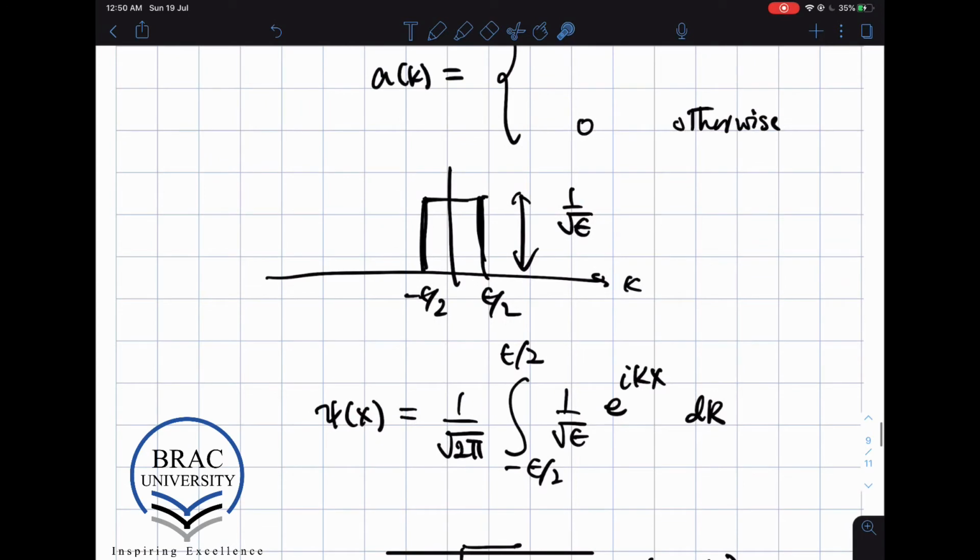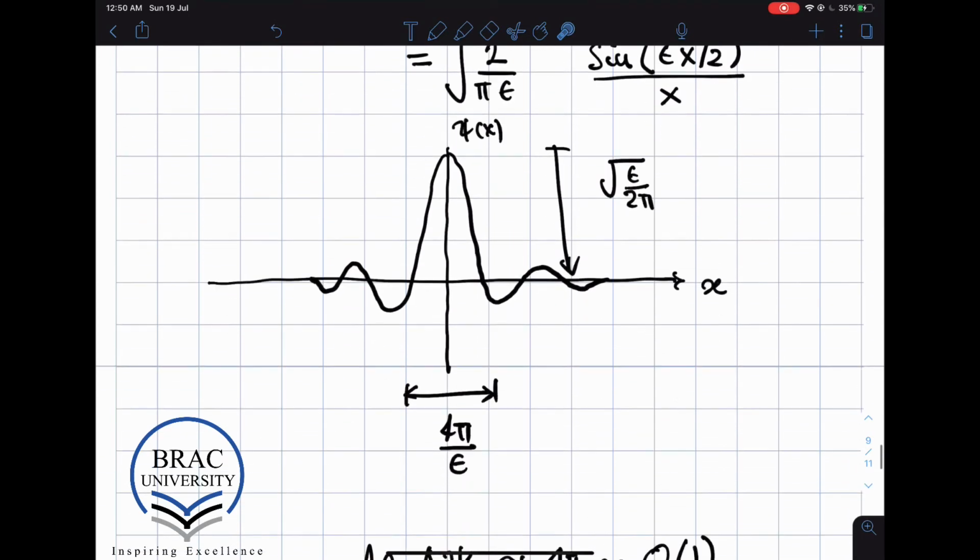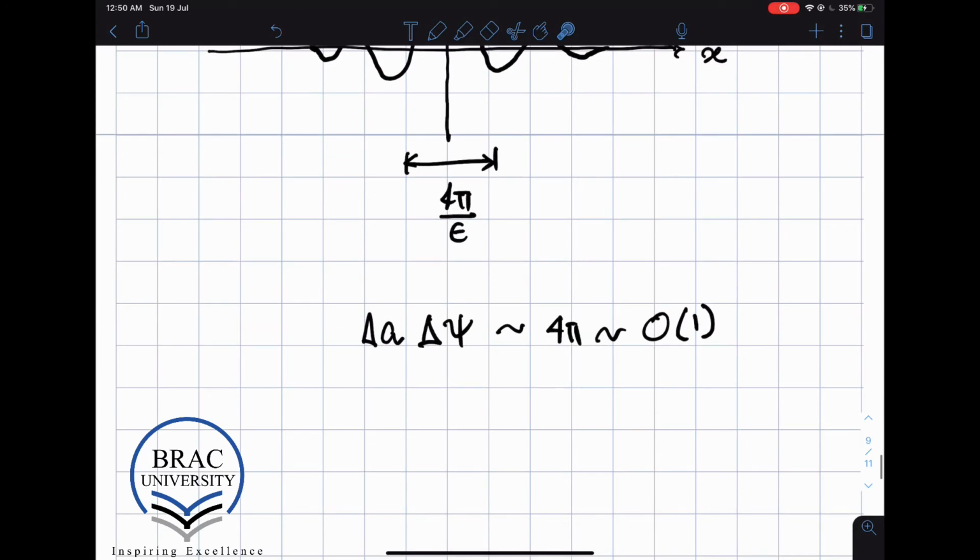The thinner this becomes, the fatter this becomes, and in a way such that the product of the spread of these two guys doesn't depend on epsilon. So this is an important observation that will have physical consequences later on when we talk about quantum mechanics. And there's also a theorem that we will prove later on in the course.